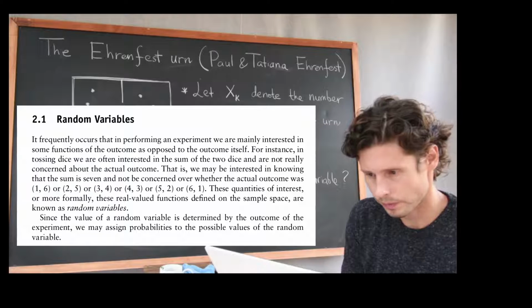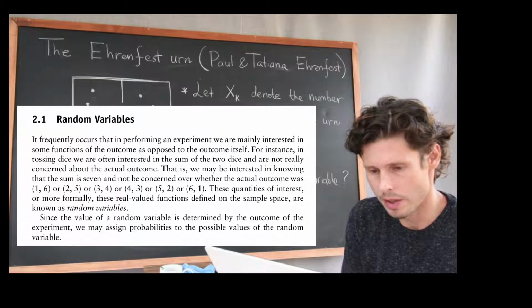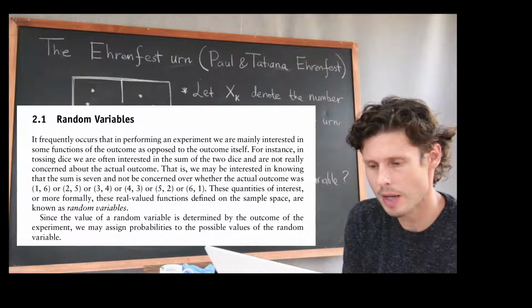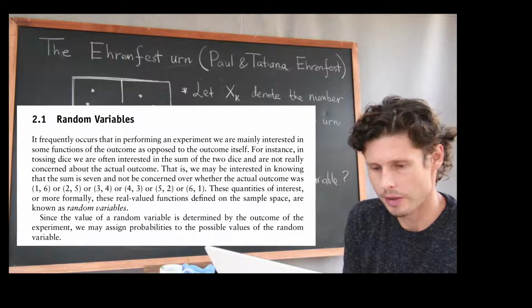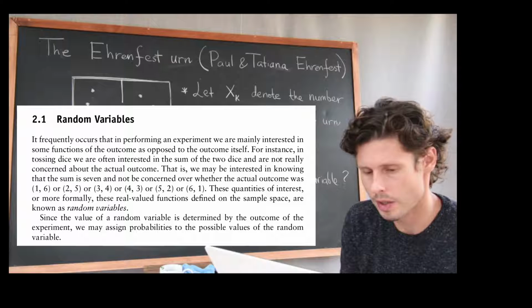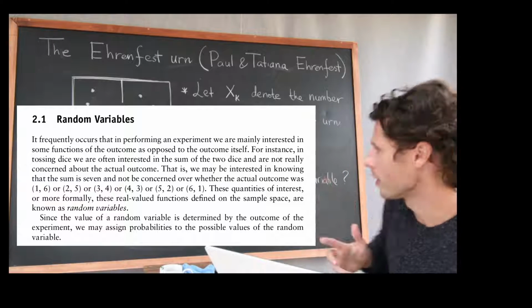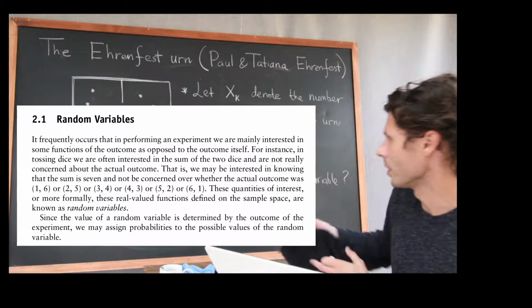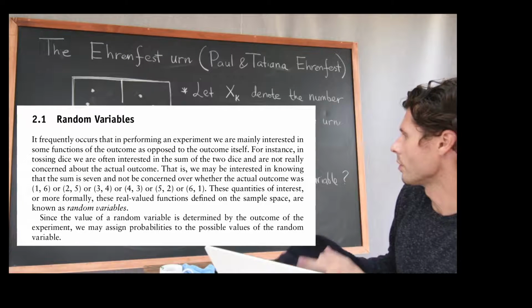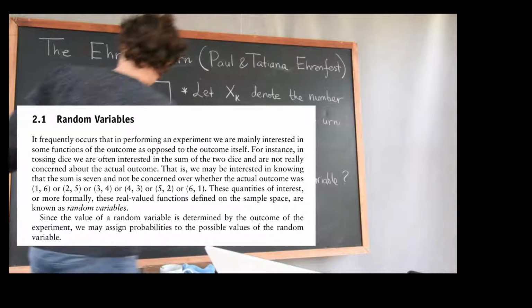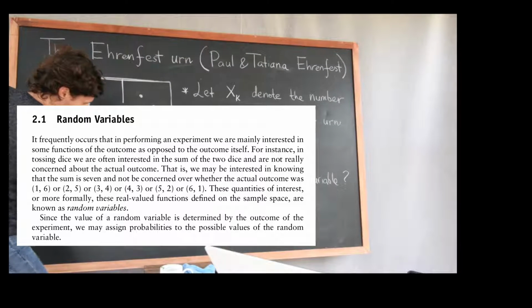So essentially, Ross is pointing to a definition of a random variable as a function from the sample space to something else. Here, it's real values, but in general, that something is called a state space. So maybe you can read the rest of the paragraph while I adjust a few things here, and I'm going to write down x as a function from the sample space to the state space.